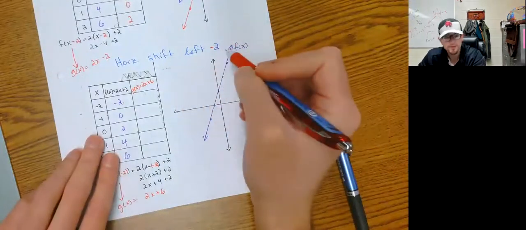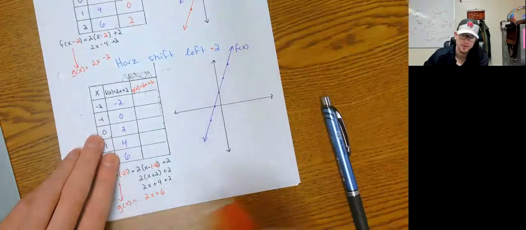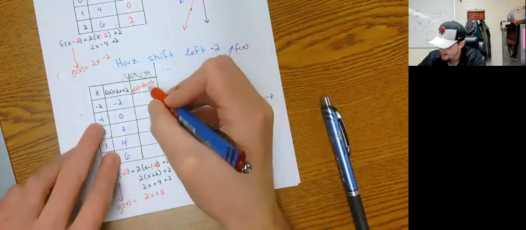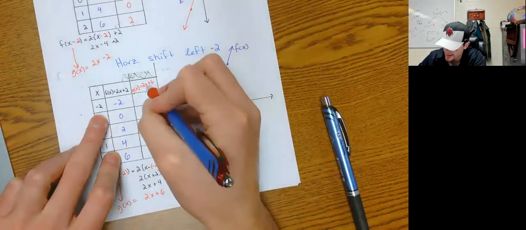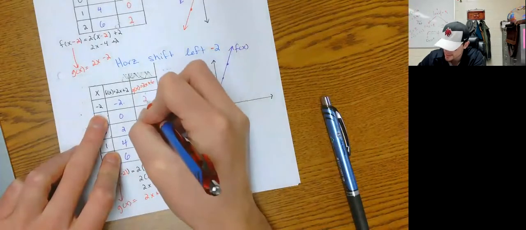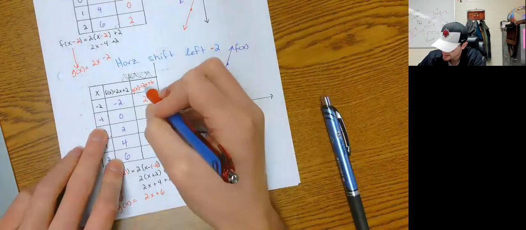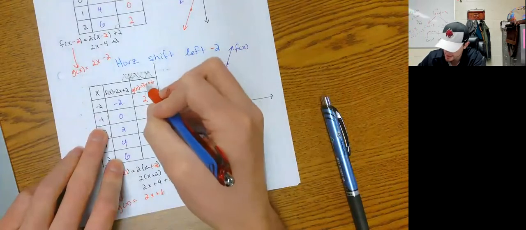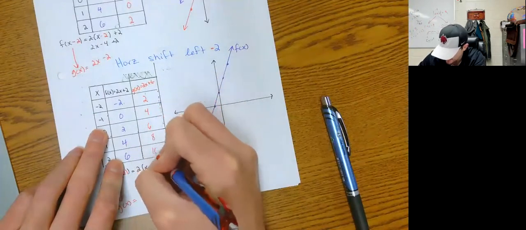So now, hopefully, when I graph this, it will in fact be to the left 2 units. So 2 times negative 2 is negative 4. And negative 4 plus 6 is positive 2. Negative 1 times 2 is negative 2, and negative 2 plus 6 is 4, and then 6, 8, 10.